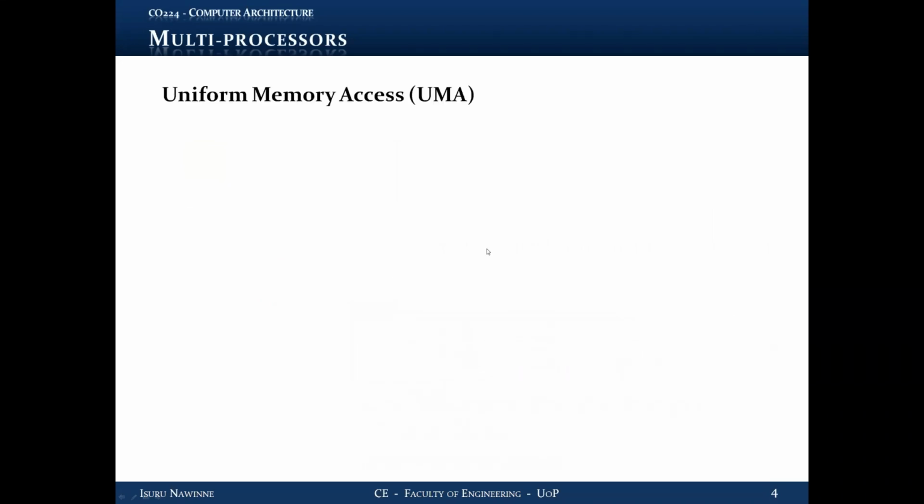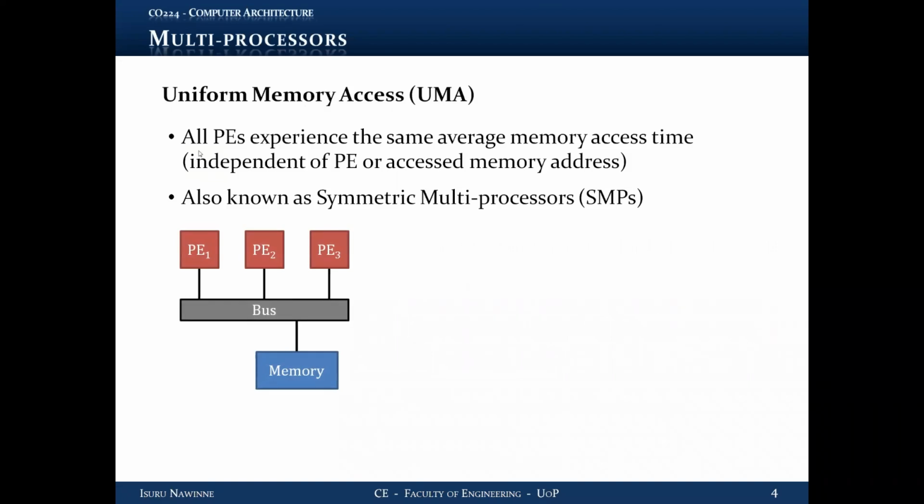So in uniform memory access, as I told you, all processing elements experience the same average memory access time, independent of the PE. So the average time expected to be spent on a memory access isn't dependent on individual processing elements, right?